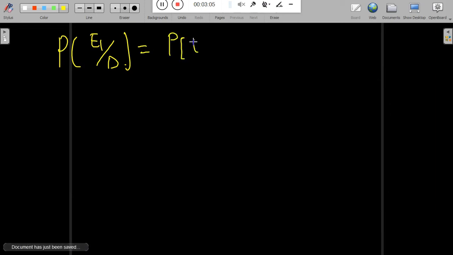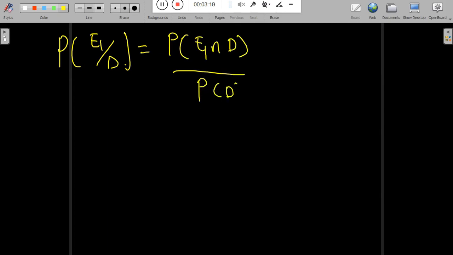So what we develop here is that when we take the probability of the first event, event 1, given D, the probability of event 1 given D will be equal to the probability of event 1 intersection D, divided by the probability of D. This is like saying this will be equal to the probability of E1 intersection D over the summation.